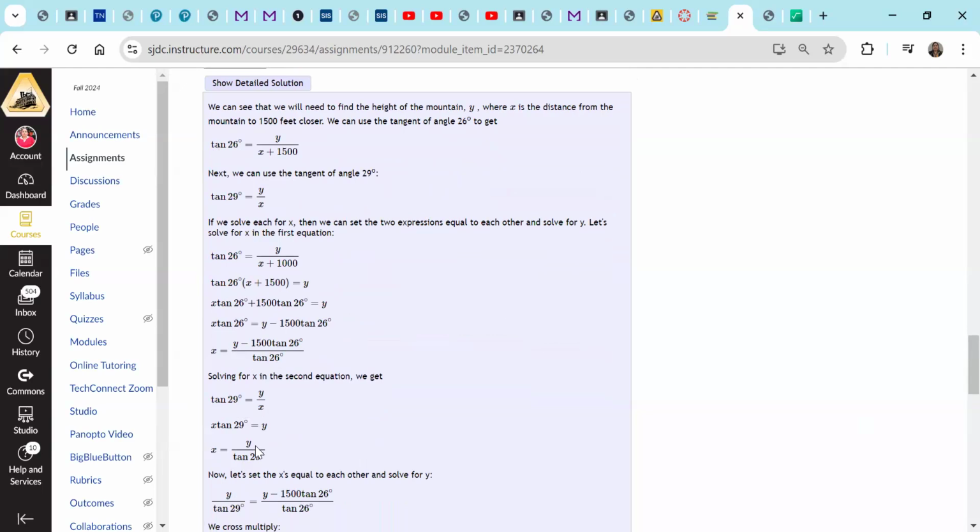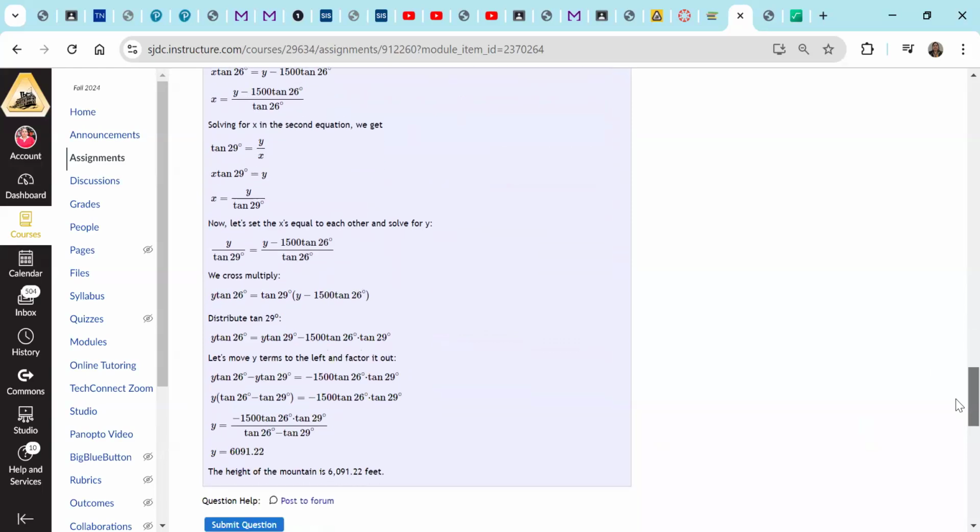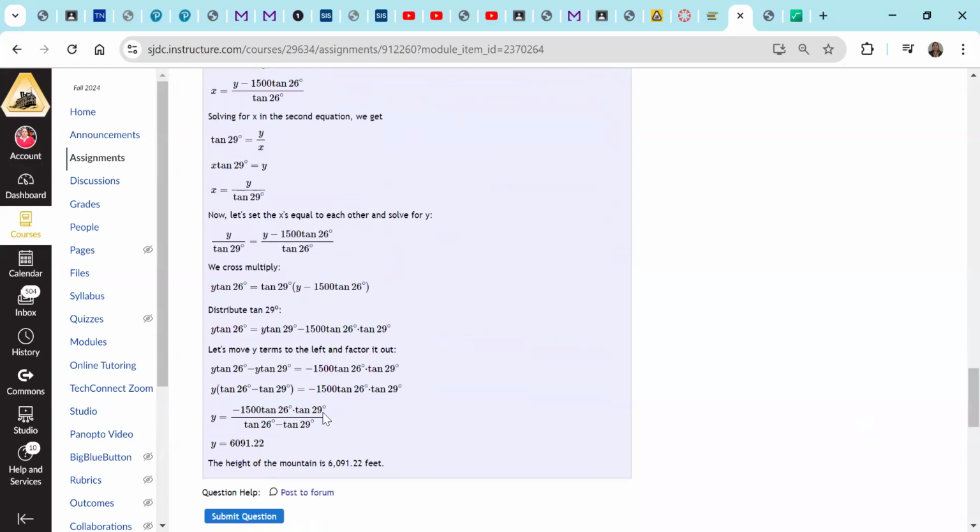This is also the x value. You set them up equal to each other. You cross multiply, and when you cross multiply, your equation has only one variable, which is y. And then you collect the y terms on one side, rest on the other, calculate tangent 26, 29 on the calculator, put that in, and you will get the height as 6,091.22 feet for the problem.